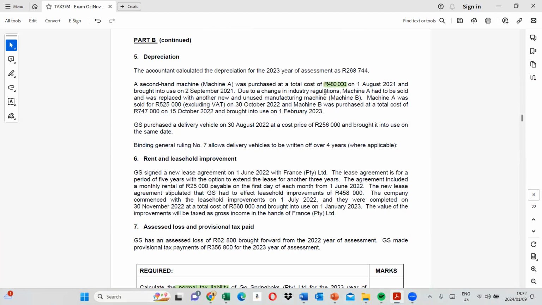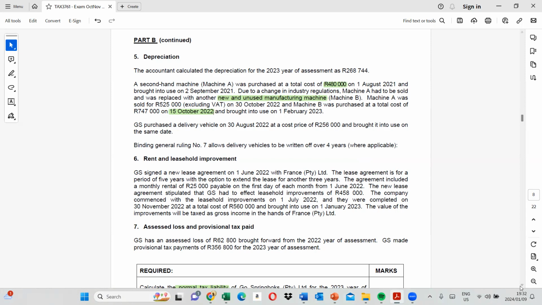Due to a change in industry regulation, machine A had to be sold and was replaced with another new and unused manufacturing machine B. Machine A was sold for 525, excluding VAT, on 30 October 22, and machine B was purchased at a cost of 747 on 15 October 22 and brought into use on 1st of February 2023.